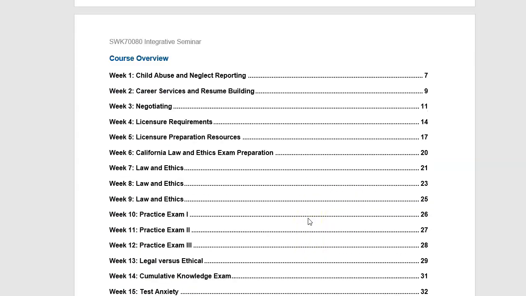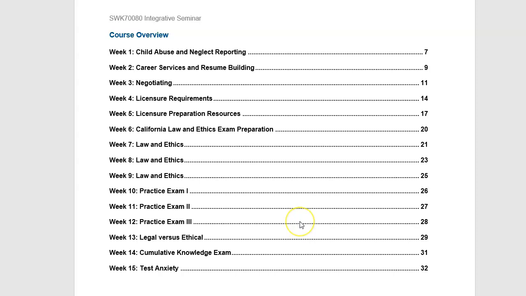So I really do want to spend these next couple of minutes just focusing on the course overview. I'm not going to do a significant deep dive into the assignments. I'll do those as the trimester is moving on. So this first week, we are going to focus on child abuse and neglect reporting. This module in particular is a requirement for the California licensing board.